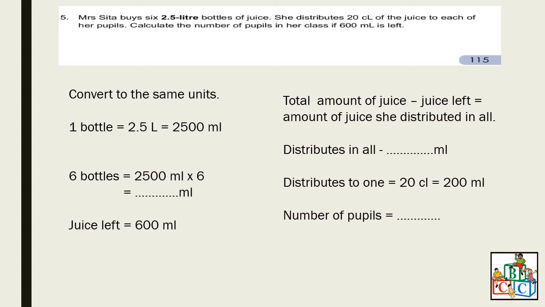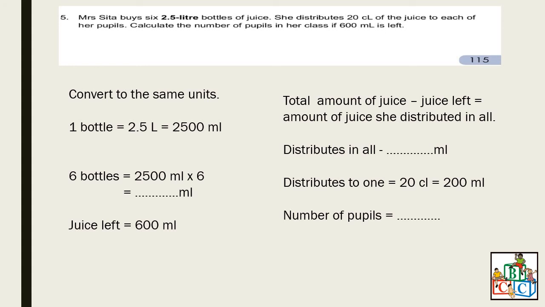For you to get the exact amount of juice she distributed. She distributes 20 centiliters to each of her students. How many students does she have in her class? Then this exact amount, you will have to divide by 20 centiliters.